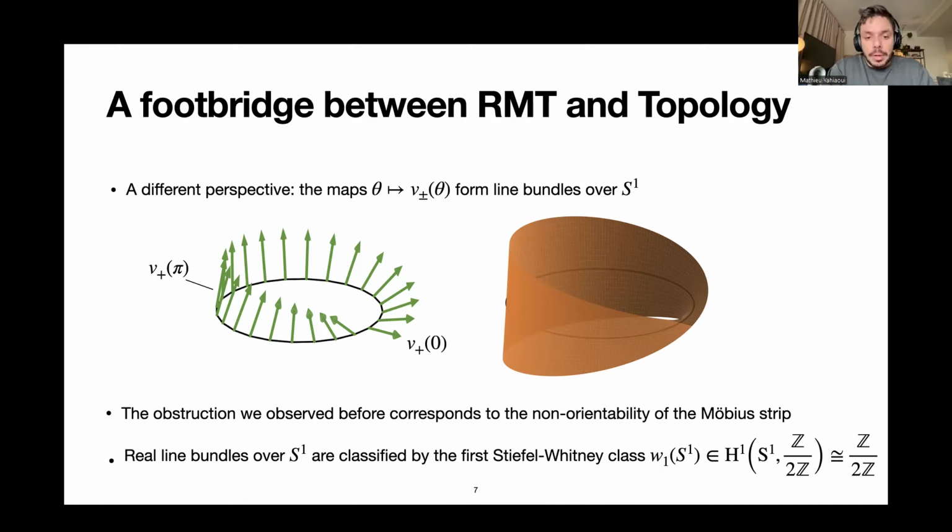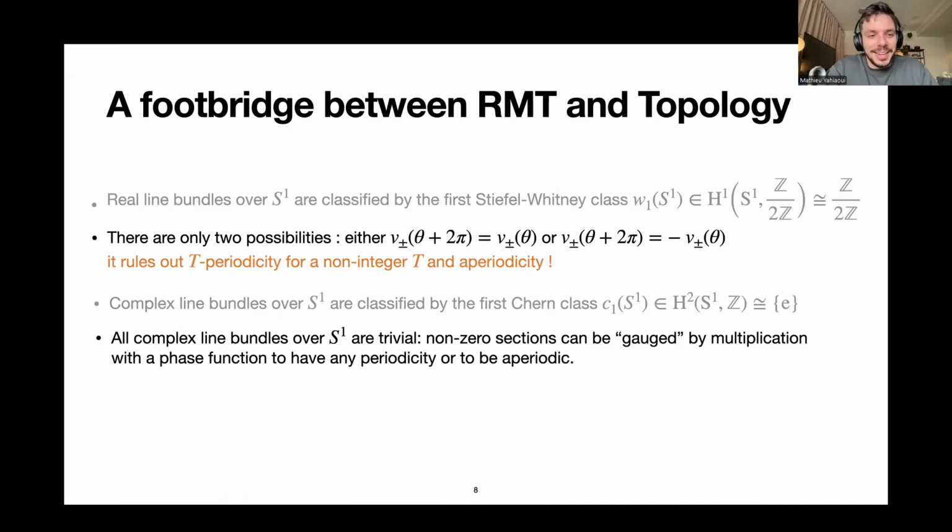I'm not too sure how familiar people are with that, but essentially over the unit circle you get two kinds of line bundles: the trivial one and the Mobius strip. This answers the first question I put before showing that slide. You're either 2 pi periodic or you're not, and you get either +1 as a coefficient or -1. Those are the only two possibilities; nothing else happens.